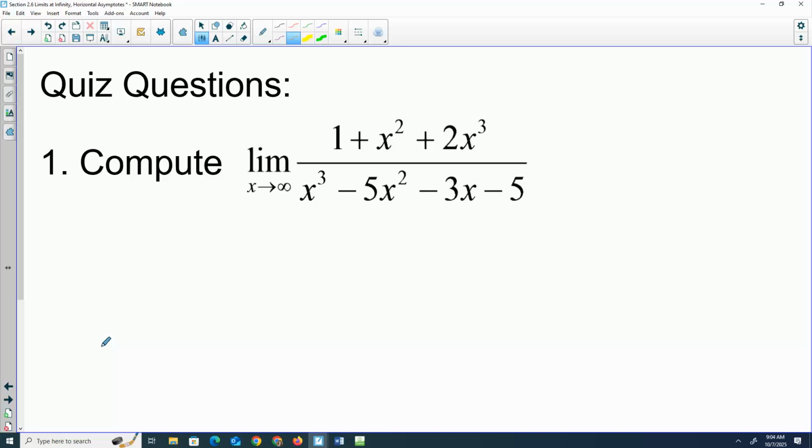Let's look at, go ahead and try these questions. It's a good kind of wrap up. If I asked you to find this limit, what strategy do you think you would use? 1 over the highest power of x. Okay, why don't you guys try it? Alright, so you take everything times 1 over x cubed.